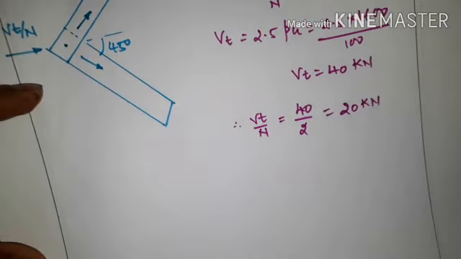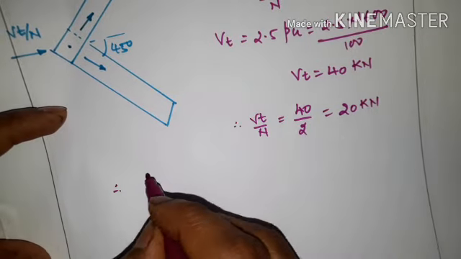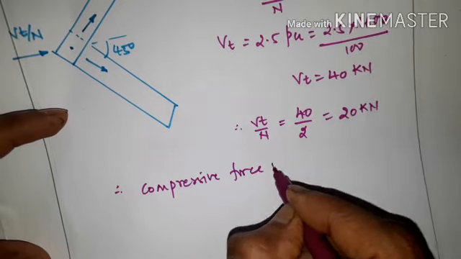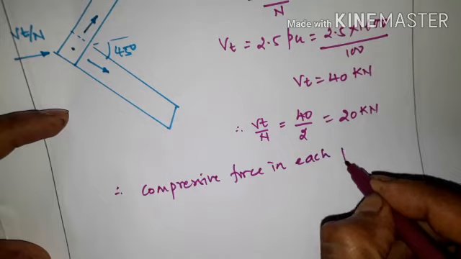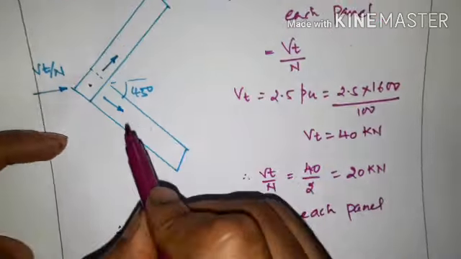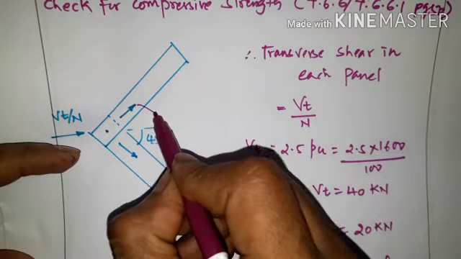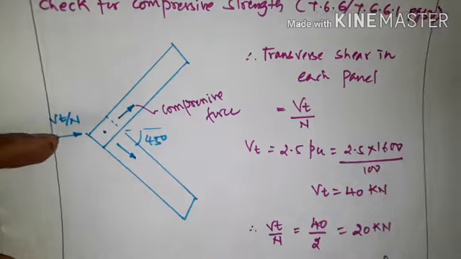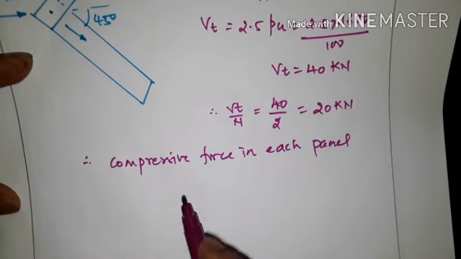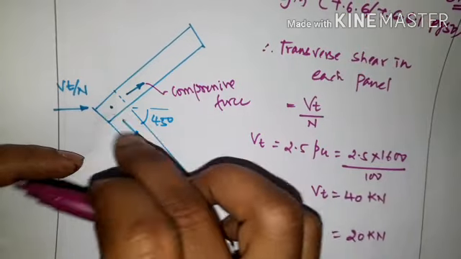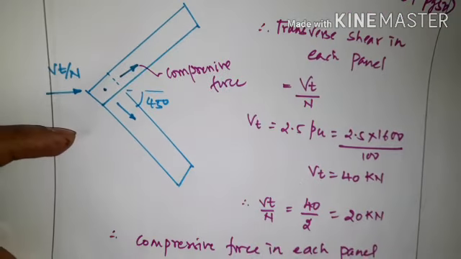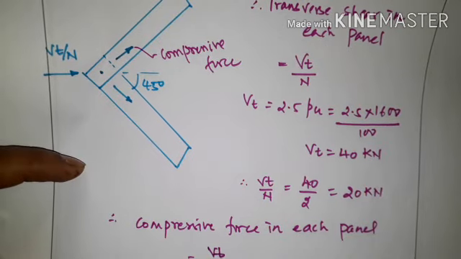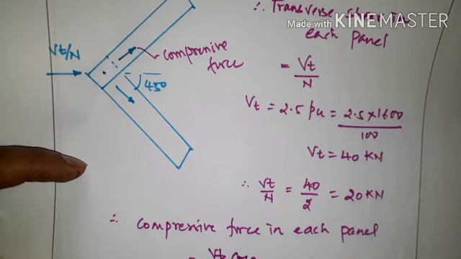Okay, so therefore the compressive force in each panel. Because it is horizontal, we have to find the component. So we will get that as Vt by n cosec theta.